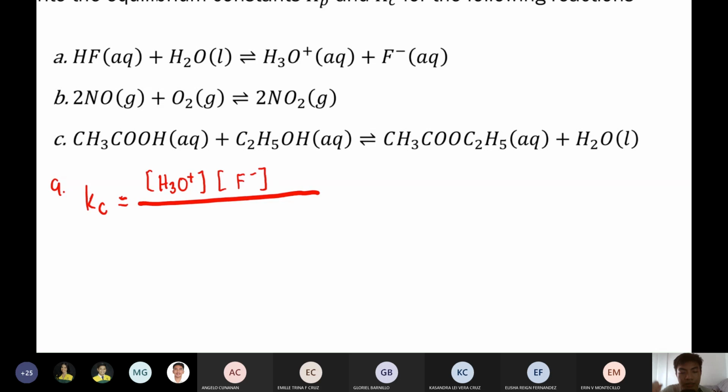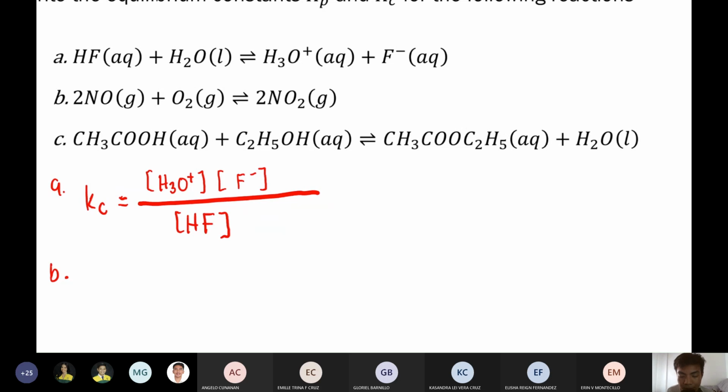Yun na yun. Sa denominator tayo. So, ano meron sa denominator? HF and H2O. However, H2O is in liquid form, so set aside mo yan. Only HF will be written. So, ganun lang. Yun na yun.